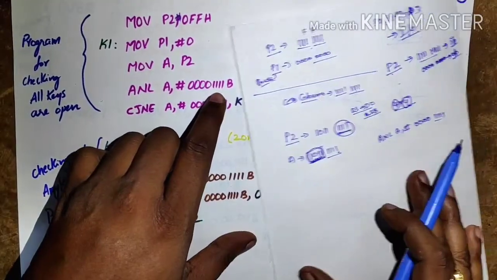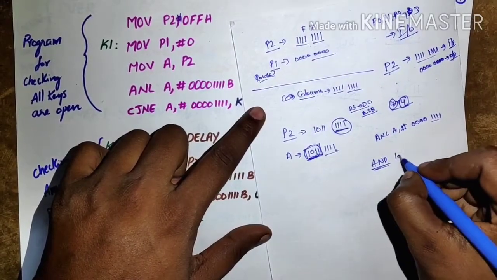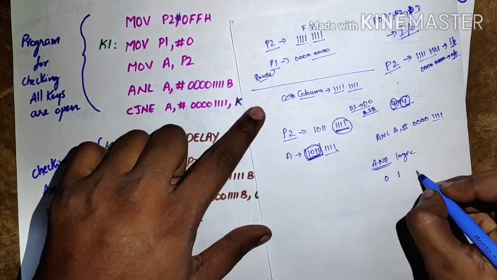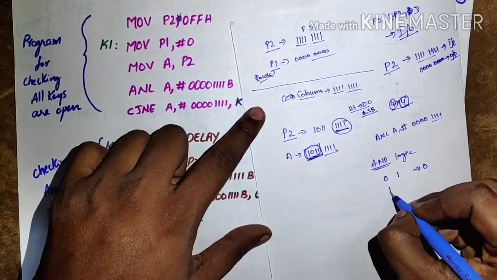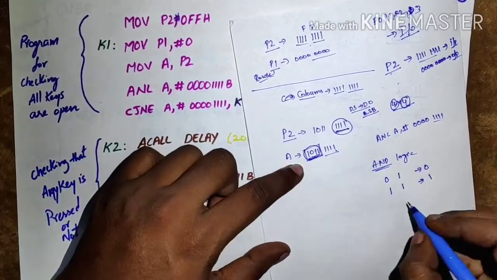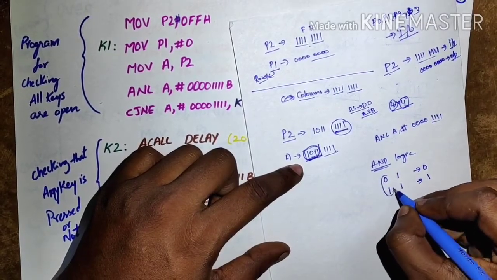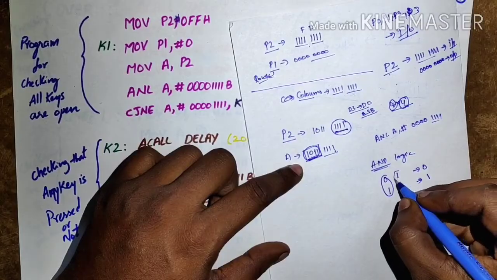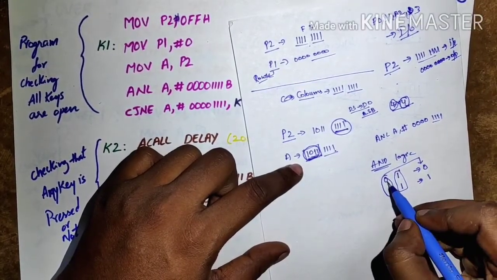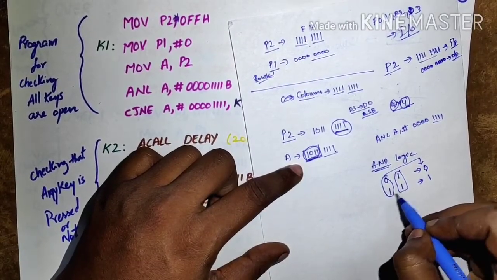So why are we doing this? If we clearly observe the AND logic, 0 and 1 gives us 0, 1 and 1 gives us 1. Whatever the value may be, if we are ANDing with 1, we get the same value. 1 with 0 gives 0, 1 with 1 gives 1.